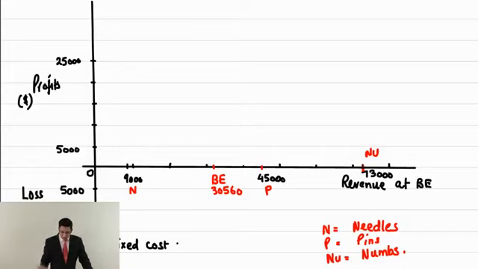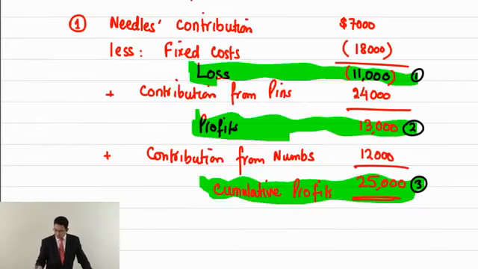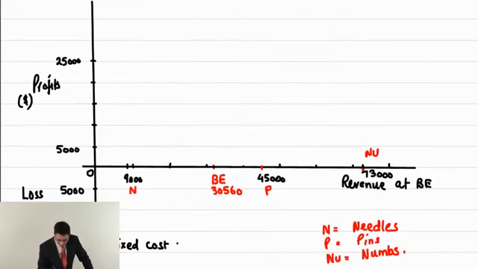Afterwards, second is a profit, 13,000. So 5, 10, and here is 15. So approximately here is 13,000, and that's coming from pins. And here is 25 total profit, and that's coming from nums.